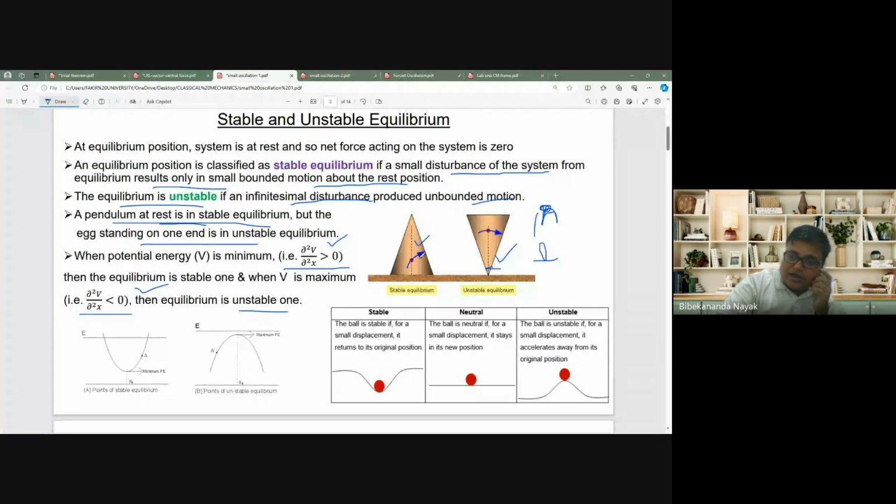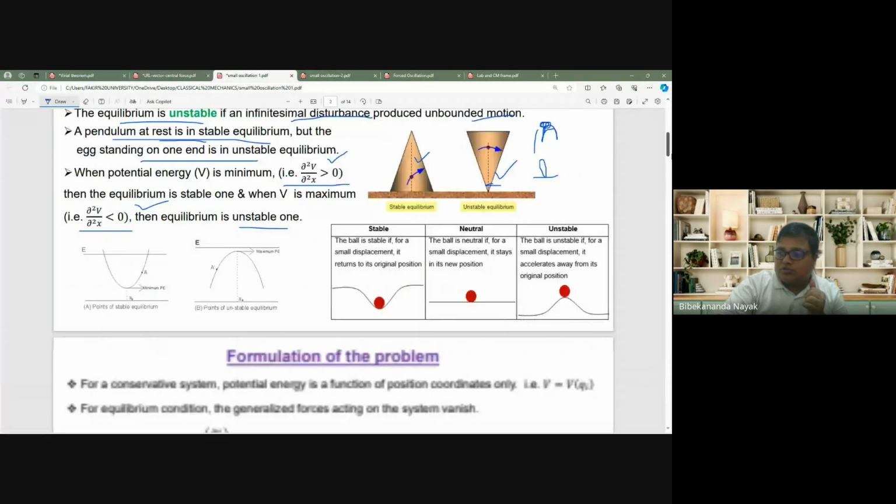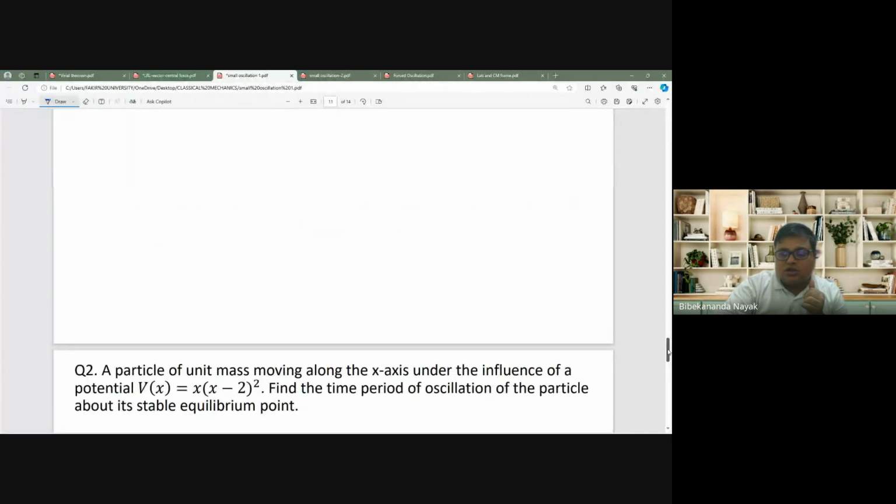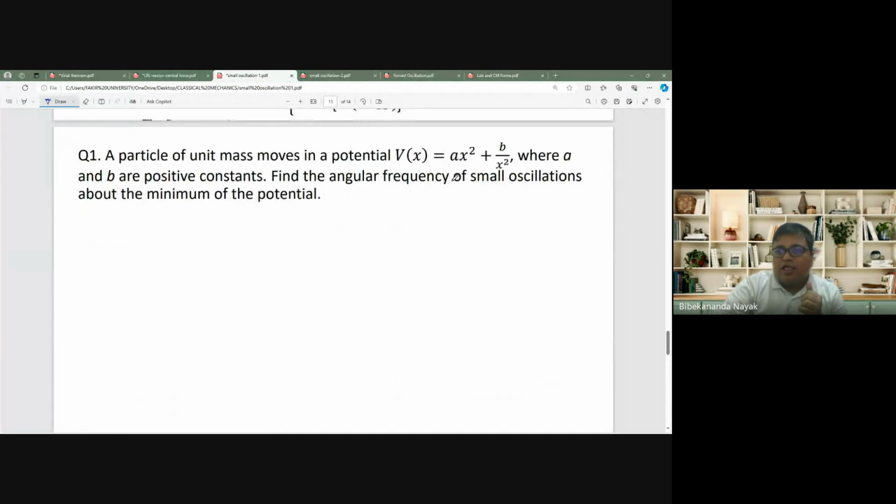So how do you calculate? If a potential is given, you first have to check the equilibrium point. I have given some problem in the last. Suppose this is the system, a potential is given. How do you check its equilibrium point?